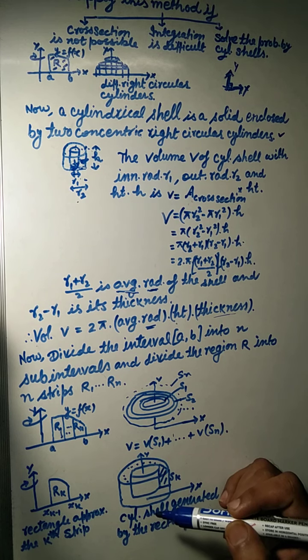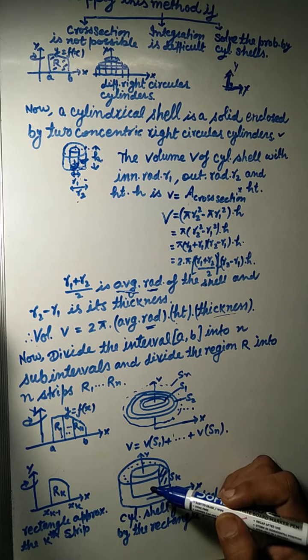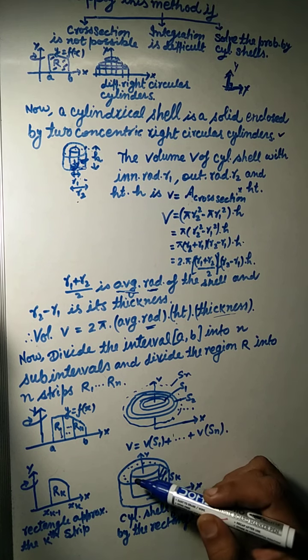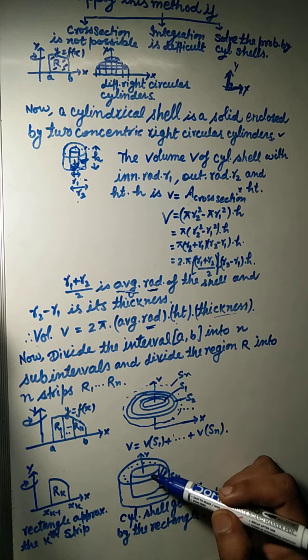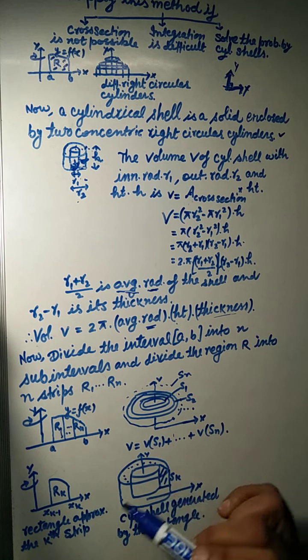Now, if the strips are thin, we can approximate each strip by a rectangle, right, this way.